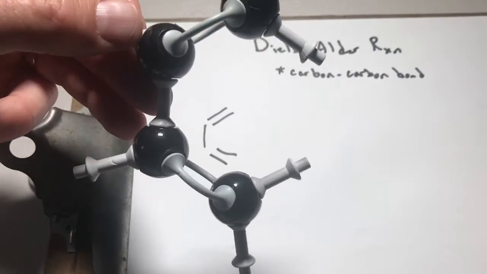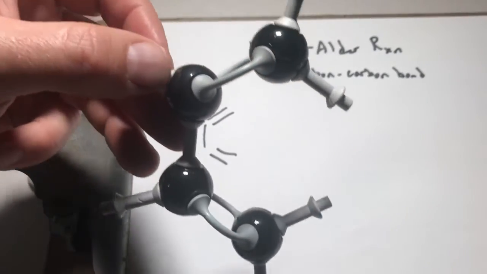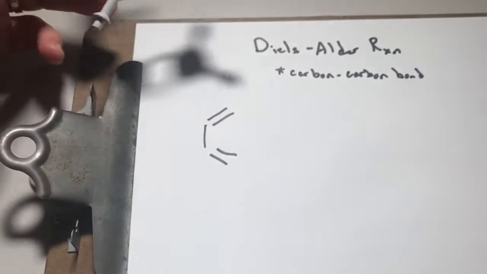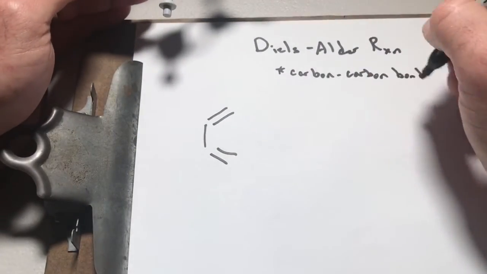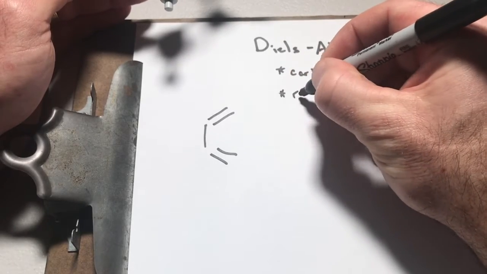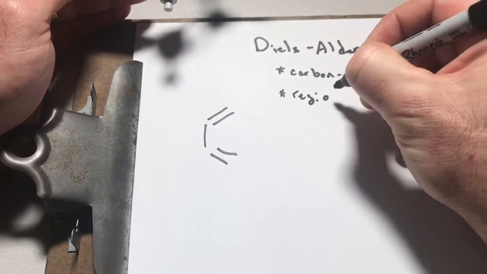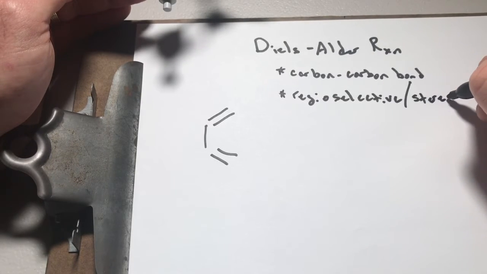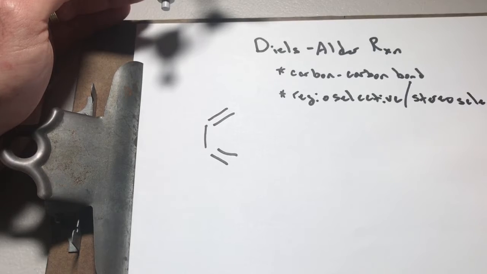And we're going to start off without any substituents on here, but another really important thing that we might as well talk about generally right now is that the Diels-Alder reaction is not only important because it's a carbon-carbon bond former, but it is a reaction that is regioselective, and it is also stereoselective.